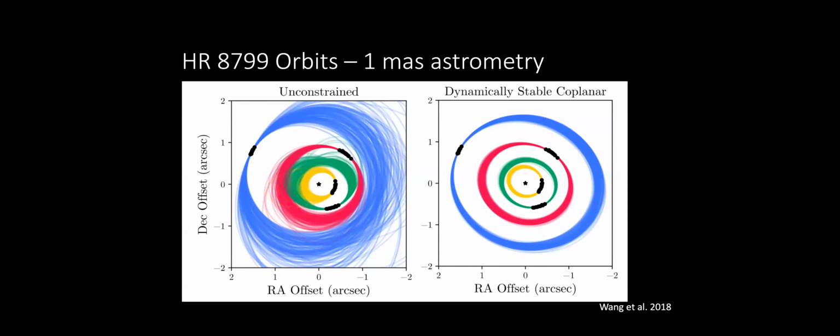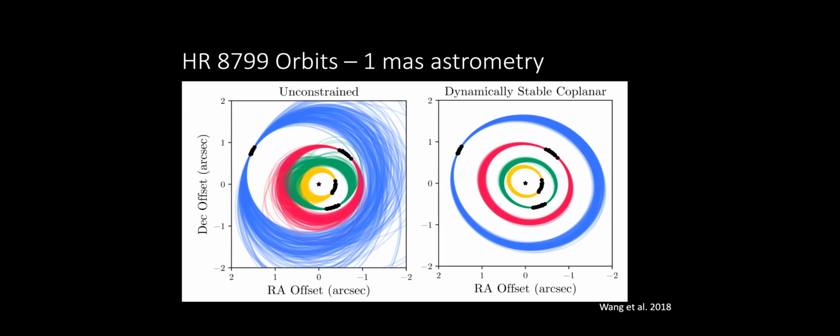The second thing is that with this interferometer, we have very precise astrometry on the position of the planet. By looking at this set of fringes, we can precisely measure the distance between the two and the separation on sky.